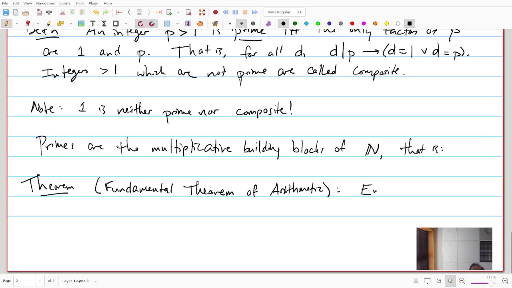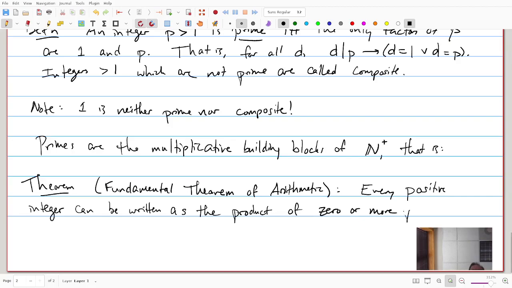Here it is. Every positive integer, I guess I should really say like N plus, not 0. Every positive integer can be written as the product of 0 or more primes.